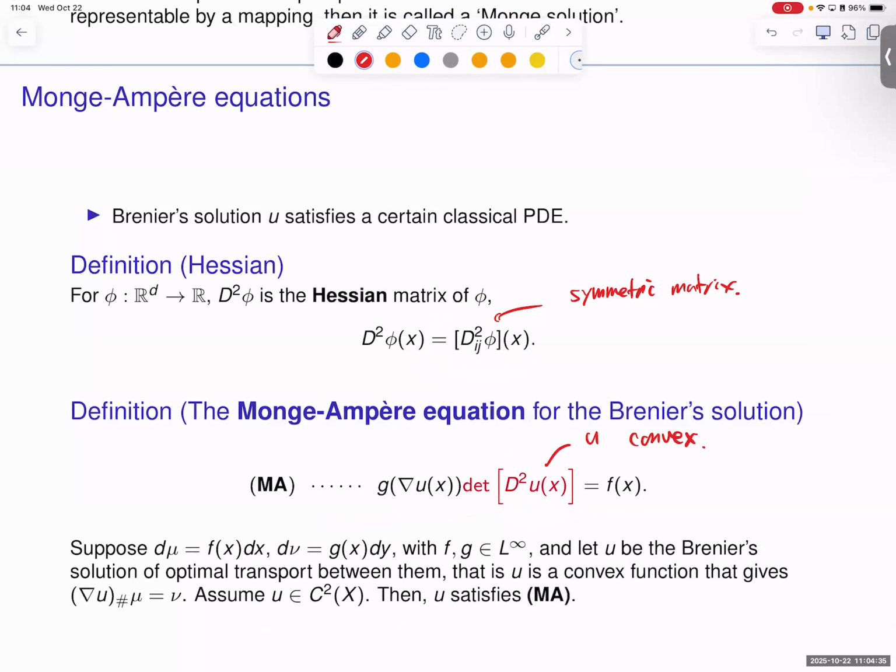Let's say u is twice differentiable, then the Hessian of u is the matrix with the second derivatives. If a function of one variable is convex, we know that the second derivative is non-negative. Likewise, for a multidimensional function, convexity implies that this Hessian matrix, as a matrix, is non-negative.